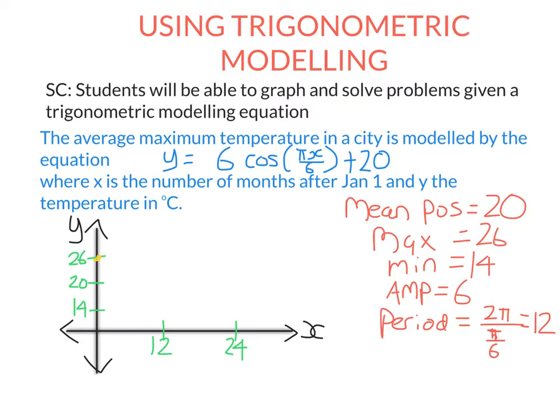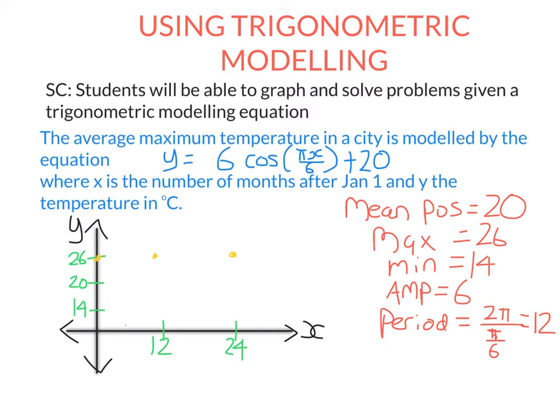You would get 26. Because we figured out that the period is 12, that means it will next reach this peak over here at 12, and it will reach the peak again at 24. From what we know about the behavior of both sine and cosine graphs, the first minimum will occur halfway between these two maxima.